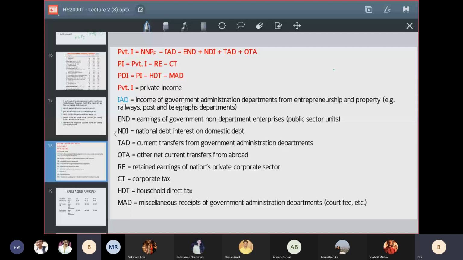Similarly, we are adding OTA, that is other current transfer from abroad, like from foreign countries we are getting transfer payment. Those transfer payments are also added to private income because they constitute our private income, but they are not added into our calculations of our GDP.